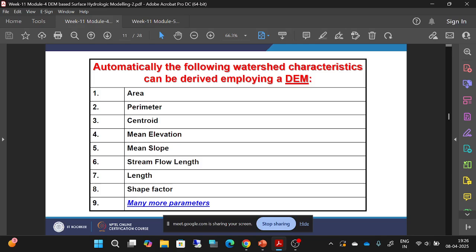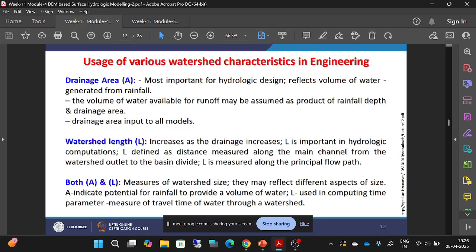So these are some of the watershed characteristics that can be automatically derived from the DEM. One is the area, obviously, when you delineate the boundary, then you will get the area, perimeter, the centroid, mean elevation, mean slope, the stream flow length, the length, the shape factor, and many more parameters.